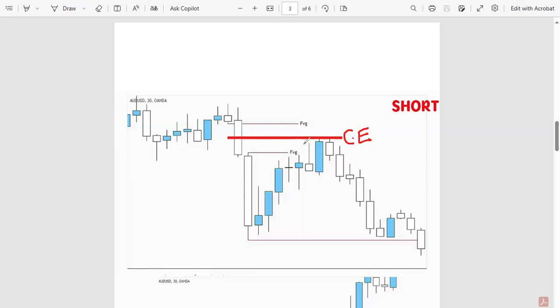This is going to be your entry point. You can see the price tapped into this 50% of the fair value gap and dropped to the downside, targeting the next draw on liquidity, the sell side liquidity level.